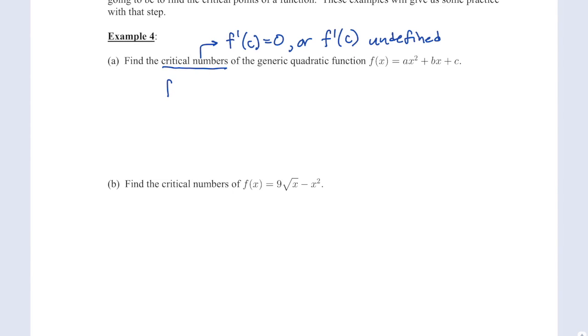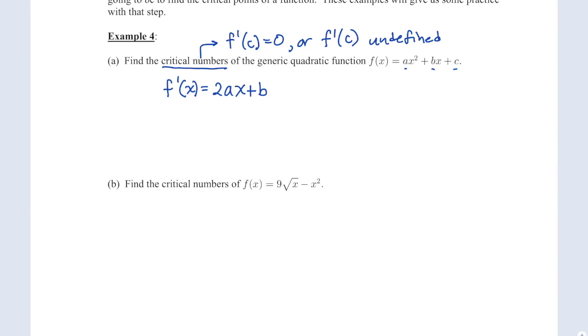So what I want to do is find the derivative, and think about a and b and c as constants that are unknown, so they're just constant multiples when we're thinking about the derivative. So I'll have a times 2x, so I'm going to write that as 2a times x, plus b, plus 0 from the derivative of c.